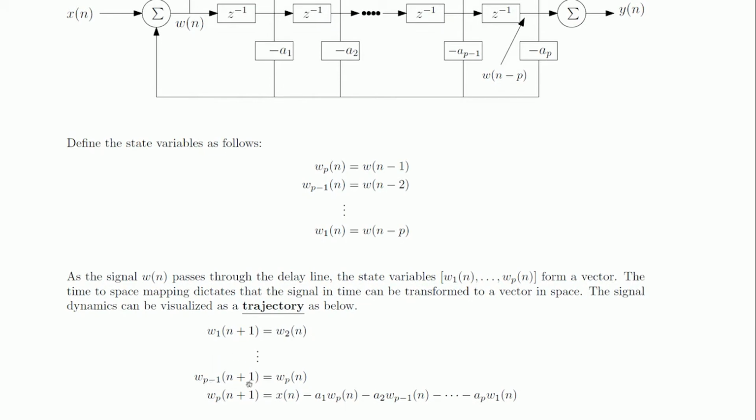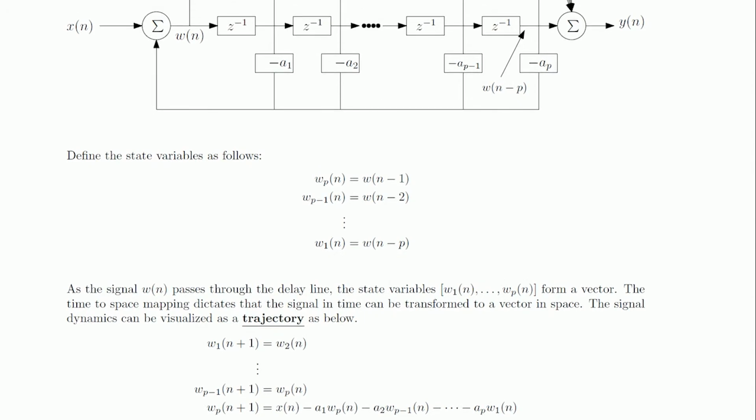Wp minus 1 of n plus 1 is Wpn, right, and Wpn plus 1 is basically this point. I said Wpn is Wn minus 1, and Wpn plus 1 is basically your Wn, which is basically x of n minus all the terms that you have in the feedback path.